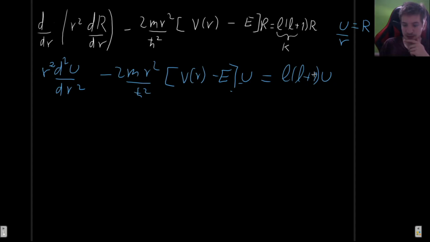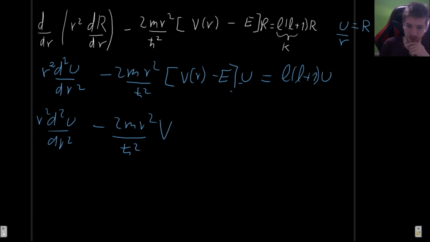When we do that, we get rid of those that are dividing, and we have now r squared. Now let's take this l plus 1 here and put it on the left hand side, and also take this energy part and put it on the right hand side. So we get r squared d squared u dr squared, this hasn't changed, minus 2m r squared divided by h bar squared times the potential, and now minus l plus 1 times u.